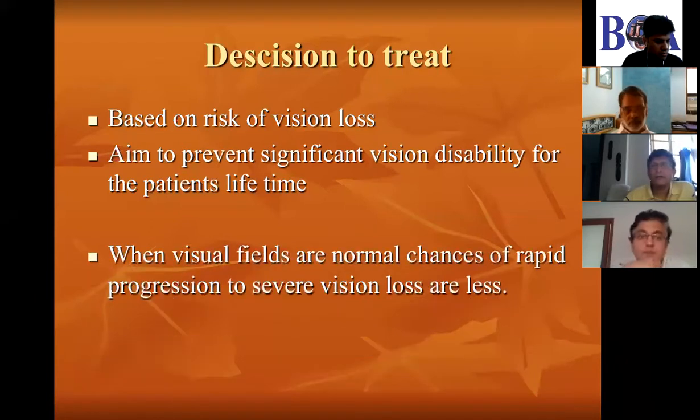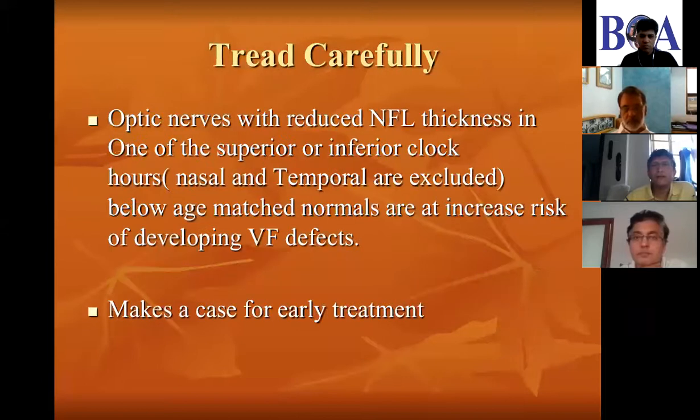So when the visual fields are normal, the chances of rapid progression to complete vision loss in a short duration are very, very minimal. Optic nerves which have reduced nerve fiber layer thickness in the superior or inferior clock hours, with nasal and temporal excluded, below the age-matched normals are at a little increased risk of developing visual field defects over the next 5 years.